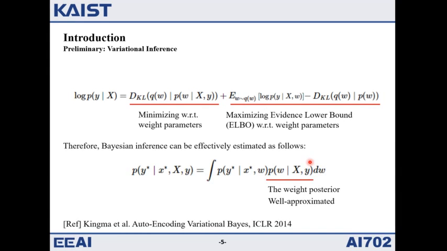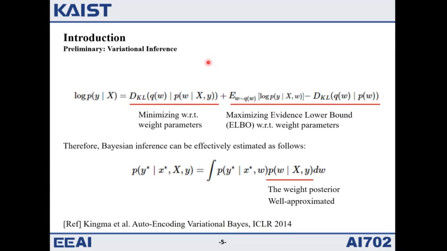So, Kingma proposed the paper Auto-Encoding Variational Bayes, which is an approximation technique with a Q distribution instead of calculating the weight posterior directly, like this KL divergence term in log p(y given x). The aim of this paper is minimizing the KL divergence between Q and P. However, this KL divergence is also intractable.